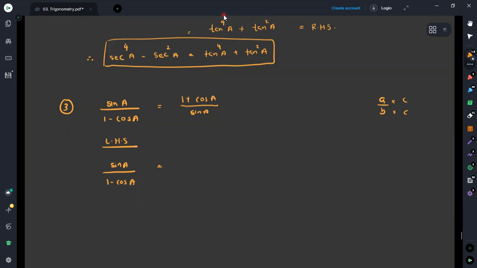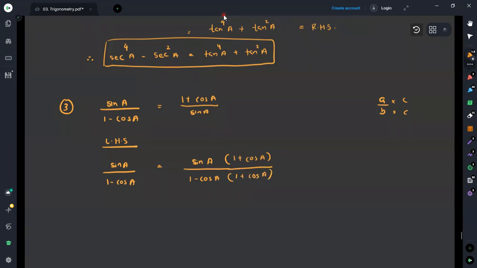Here we have sine A divided by 1 minus cosine A, and now we multiply the numerator by 1 plus cosine A, since it is on the right hand side of the equation. Therefore, we have to have it in the numerator as well as the denominator.